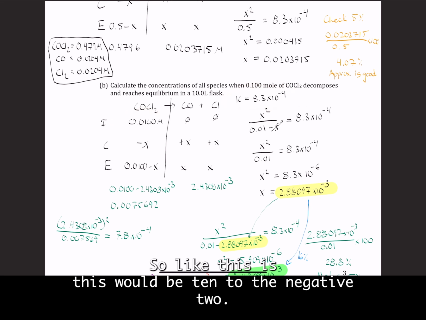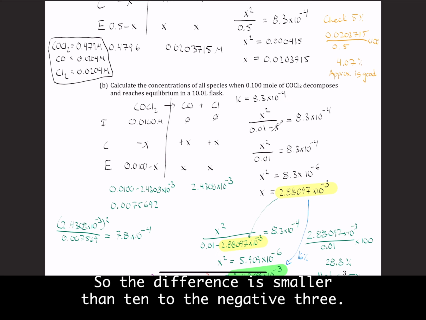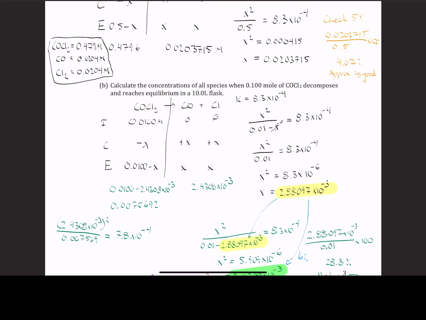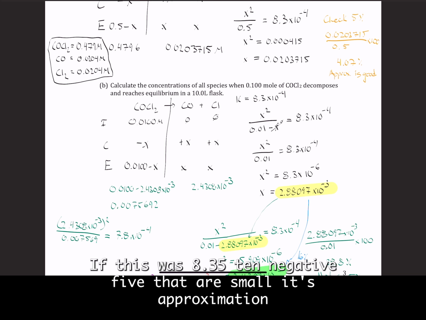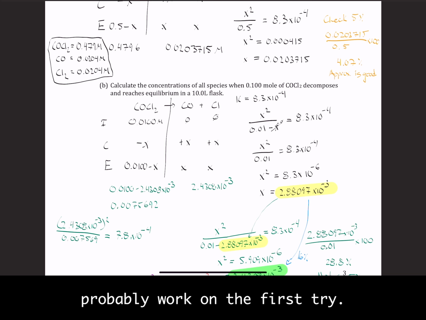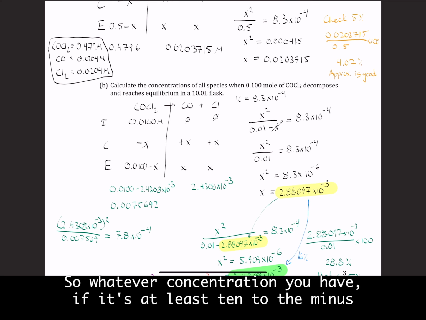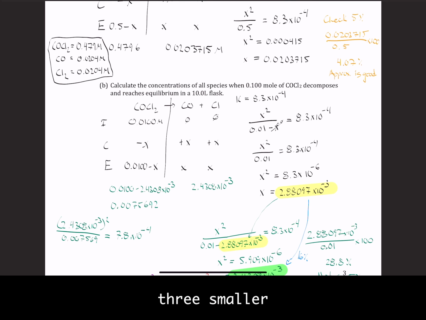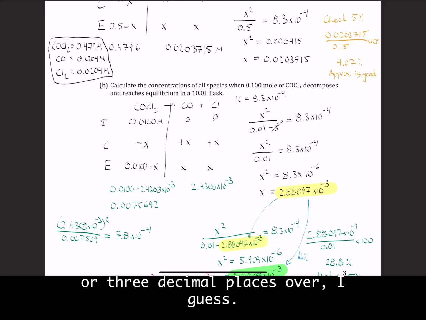So like this would be 10 to the negative 2, this is 10 to the negative 4. So the difference is smaller than 10 to the negative 3. If this was 8.3 times 10 to the negative 5, then our small x approximation would probably work on the first try. So whatever concentration you have, if it's at least 10 to the minus 3 smaller, or 3 decimal places over, I guess.